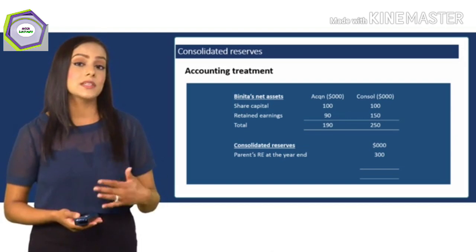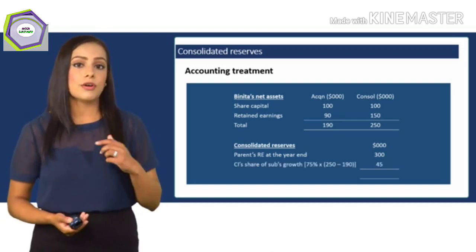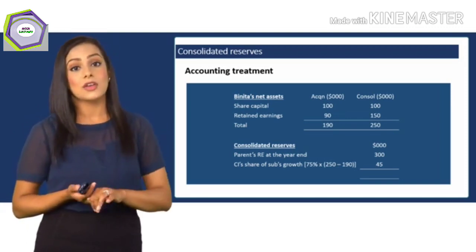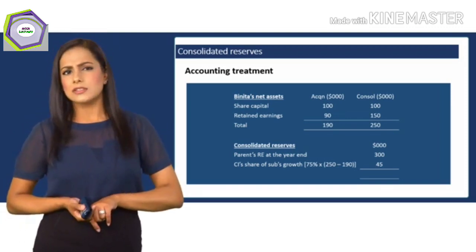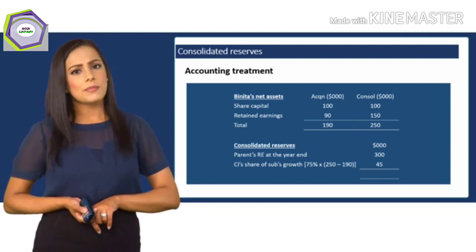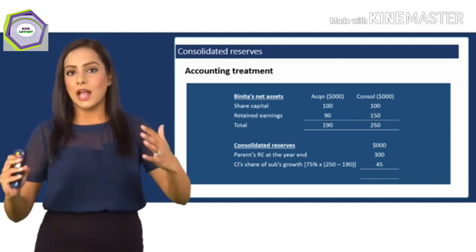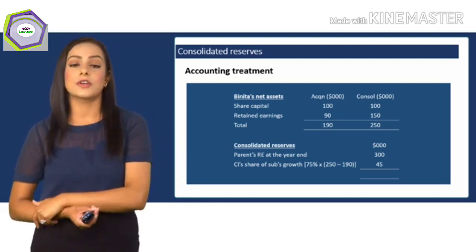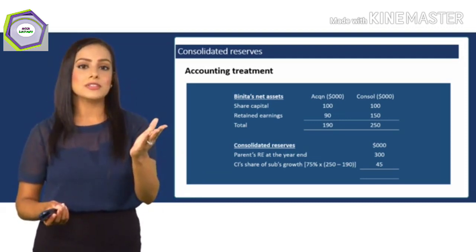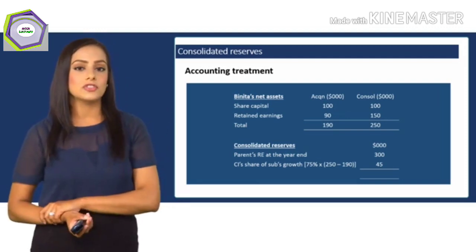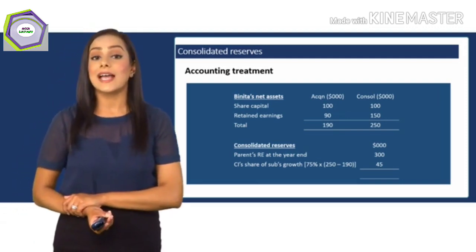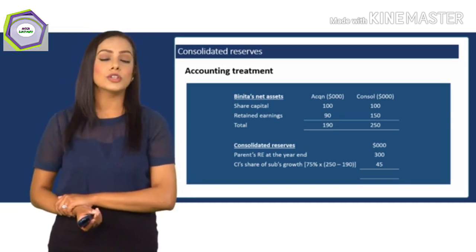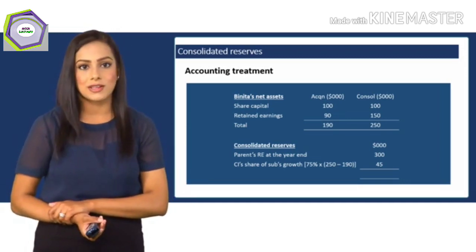And then we show the subsidiary's growth. The subsidiary's growth is 60,000, but you take the controlling interest share of that. What is the controlling interest share? Remember, the subsidiary has 100,000 shares, but Anita bought 75,000 of those shares. So 75,000 shares divided by 100,000 shares means that Anita has a 75% controlling interest and therefore a 25% non-controlling interest.